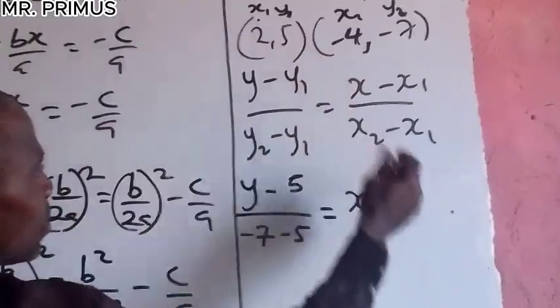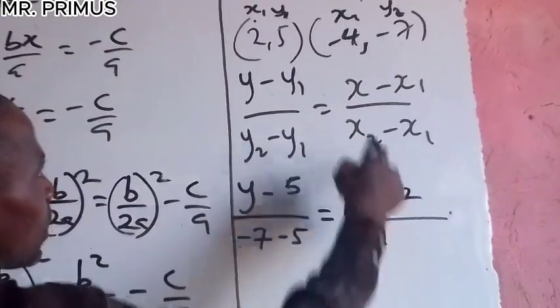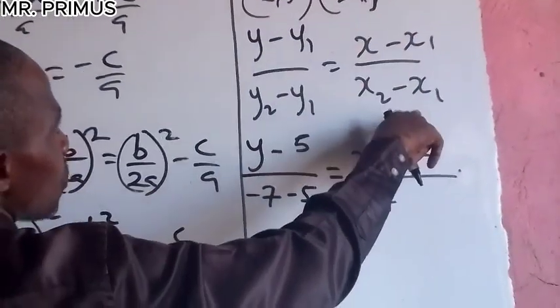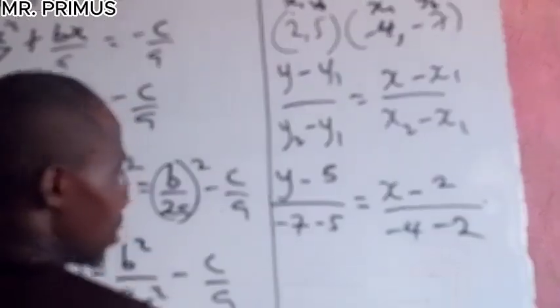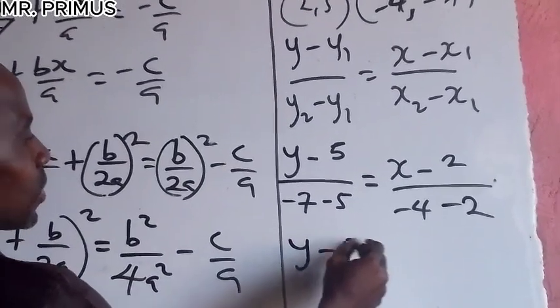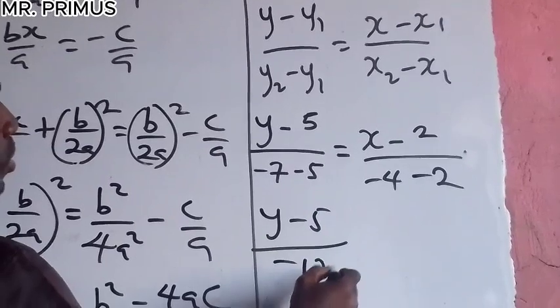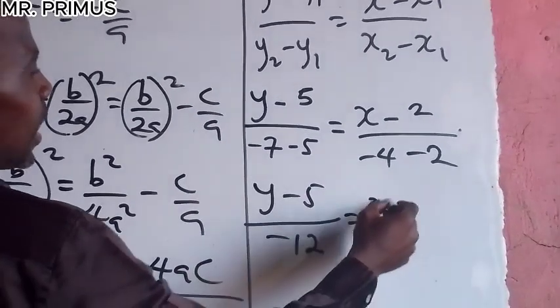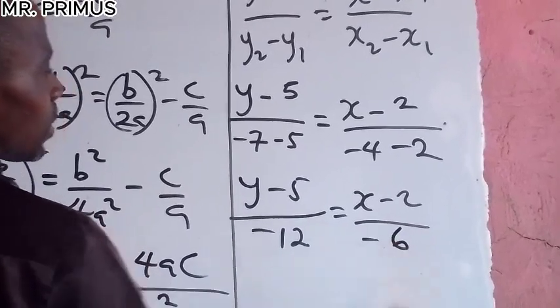X1 is 2, over x2 which is minus 4, then minus x1 is minus 2. So when you look at this, you now have y minus 5 over minus 7 minus 5, which is minus 12, equal to x minus 2 over minus 4 minus 2, which is minus 6.